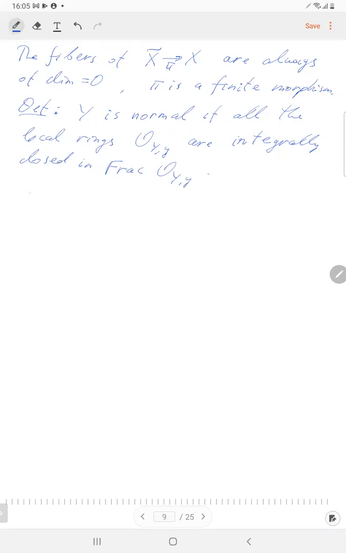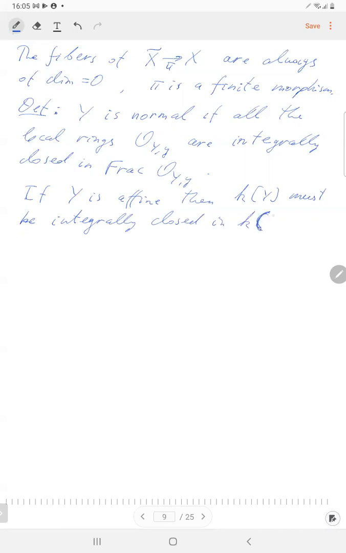If Y is affine, then the ring of functions must be integrally closed in the field of rational functions.